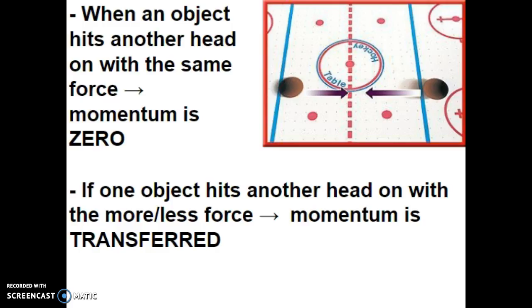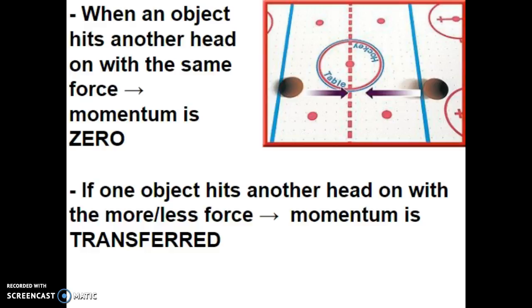When an object hits another head-on with the same force, then the momentum is going to be zero. If the forces are equal, then ideally, if we had two air hockey pucks hitting each other with the exact same force, they would stop where they hit.